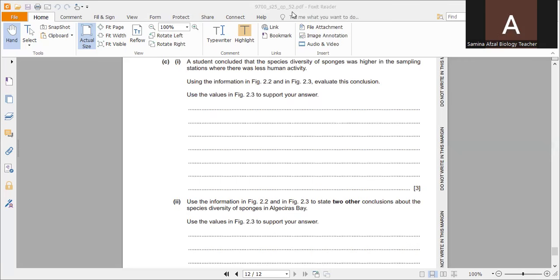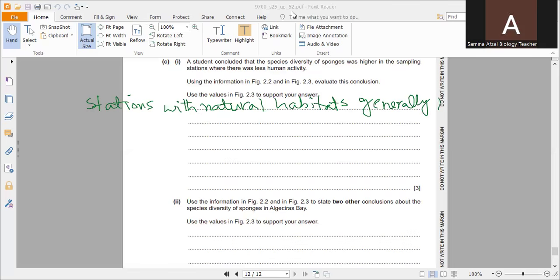Stations with natural habitats generally show the highest levels of diversity.